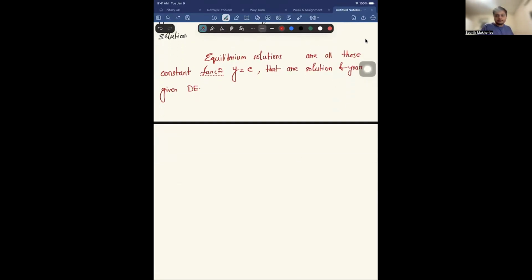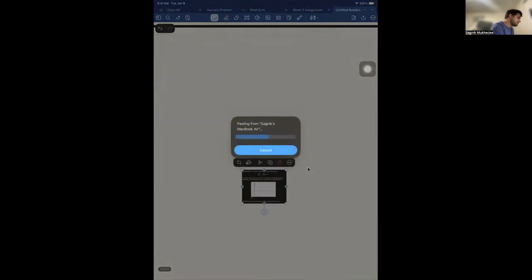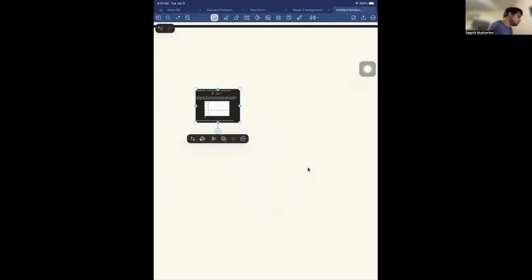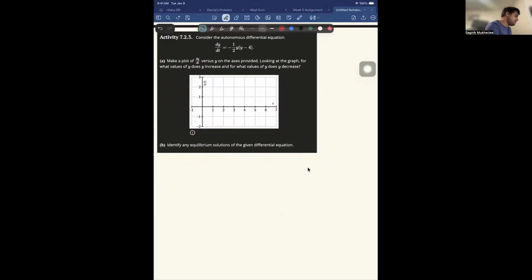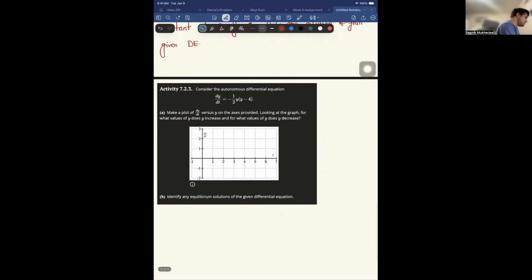Okay. So now I'm going to solve activity 7.2.3 in front of you guys so that you have an idea of what's happening. So first, let's solve A and B first. So first question, make a plot of dy/dt versus y on the axis provided.